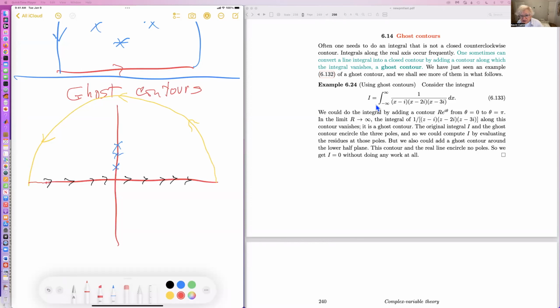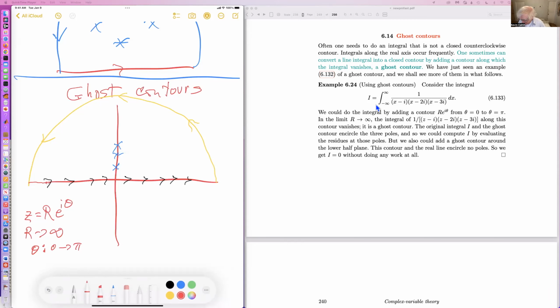This contour is along z equal to big R e to the I theta, R going to infinity, and theta going from 0 to pi. And so that's the yellow contour, which somehow became red because my finger touched the wrong part of the screen.